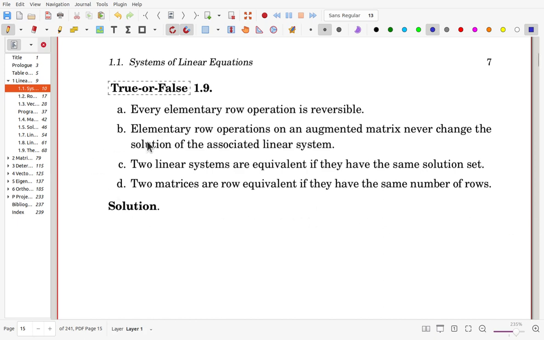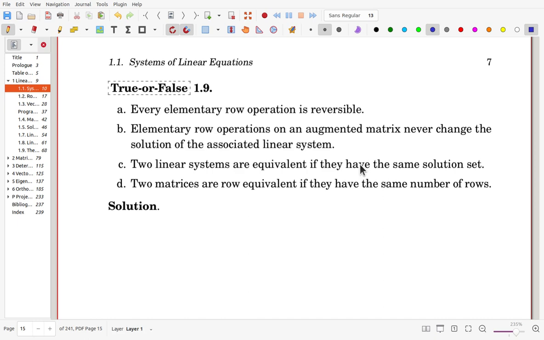Now, secondly, row operations on an augmented matrix never change the solution of the associated linear system. Is it true? Usually in a true or false statement, once the expression is strong by using such a word as never, then in many cases it is false. But this statement is true.